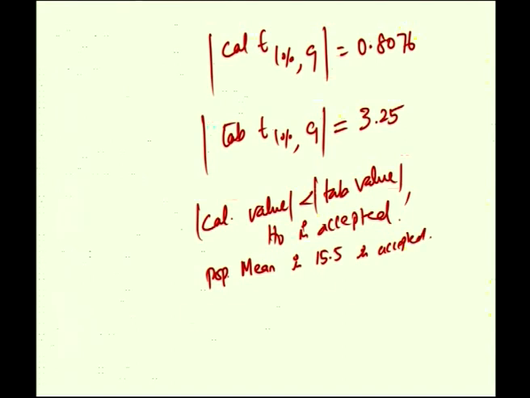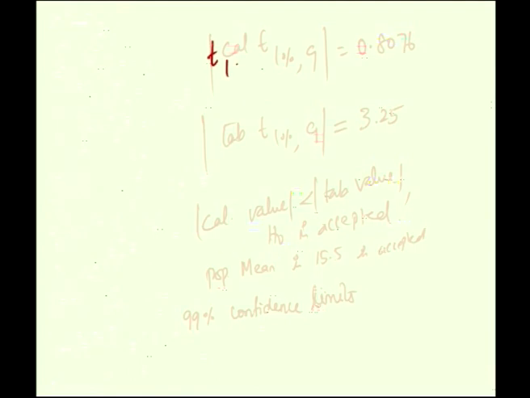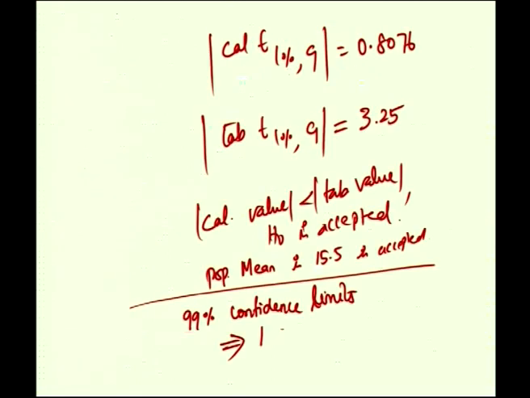Okay. Now we will find out the 99% confidence limits we have to calculate. We again use the formula T at 1%, 9 degrees of freedom is equal to x bar minus mu divided by S by root of n minus 1, because 99% confidence limits implies 1% level of significance.